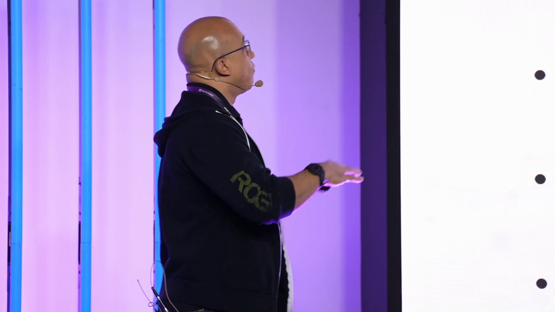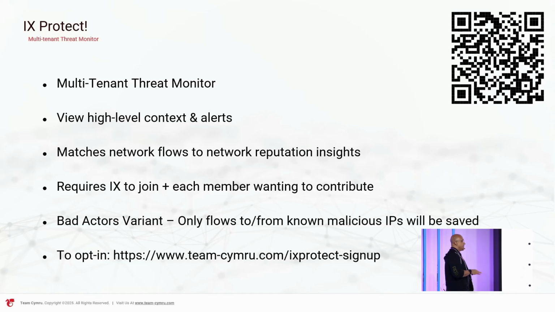So one thing is IX Protect. Essentially it is like our Nimbus product, but it is for the IXs to offer that kind of visibility to their members. They obviously can't just shoot flows to Team Cymru without their members' acknowledgement, right? So it's just a different level of provisioning and sign up. An IX can sign up with Team Cymru.